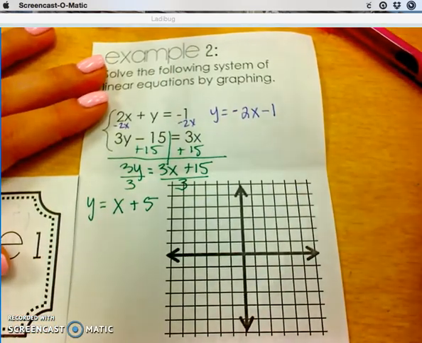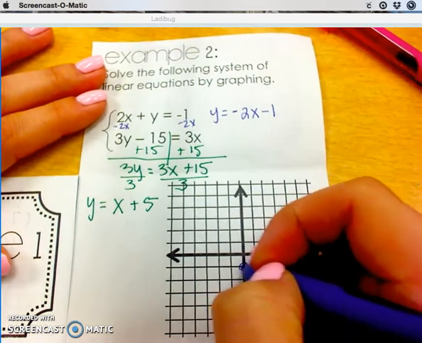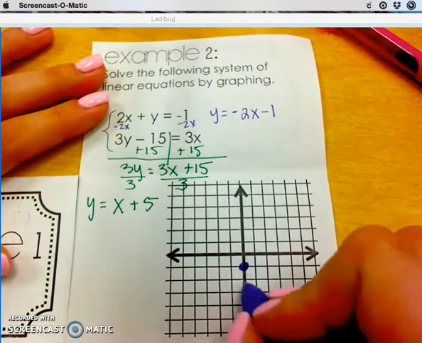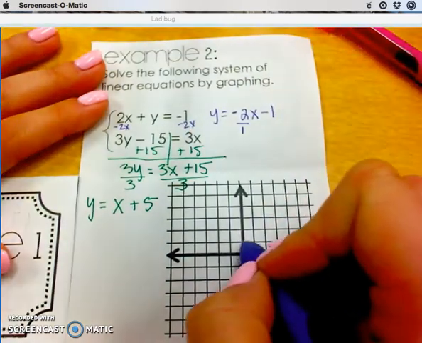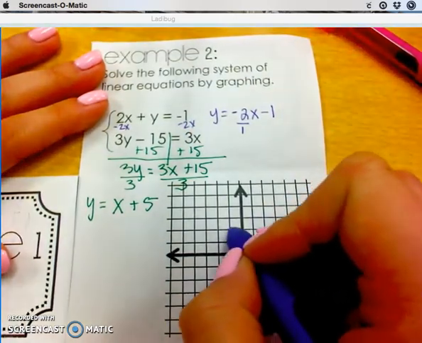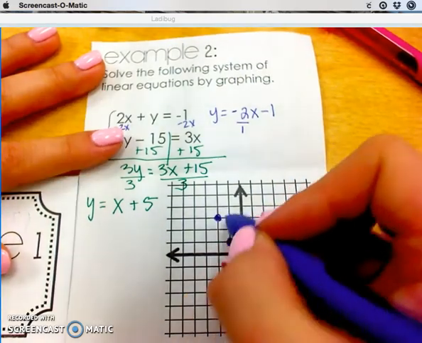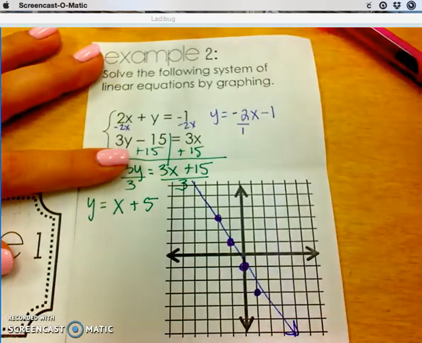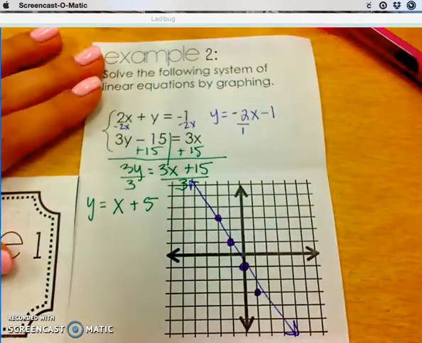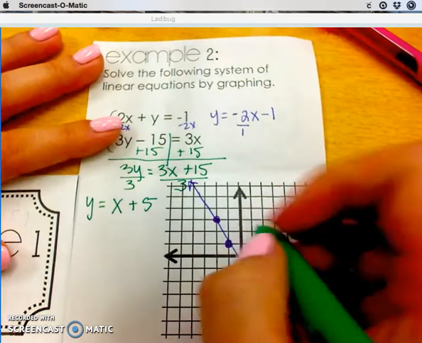So let's graph our lines. Start at negative 1. I'm going down 2, right 1, or up 2, left 1. Connect your dots. Graph your second line. Start at positive 5.